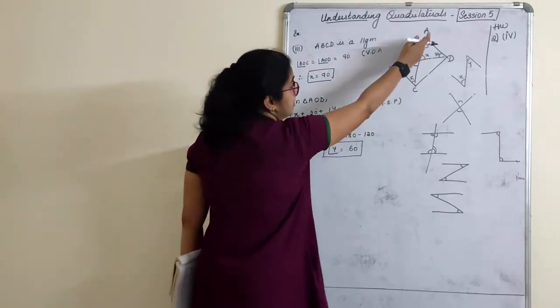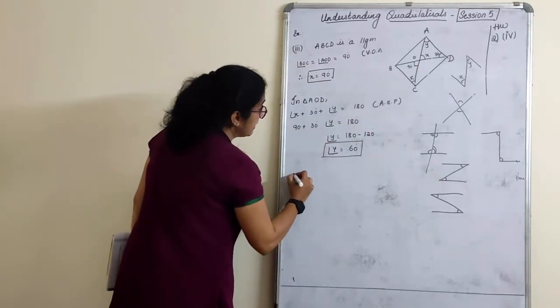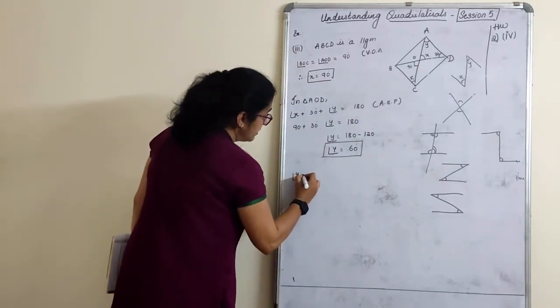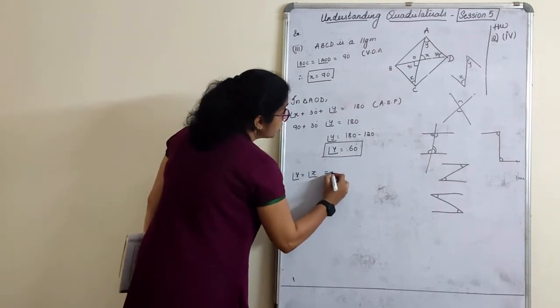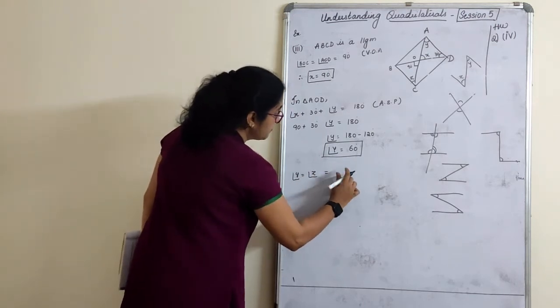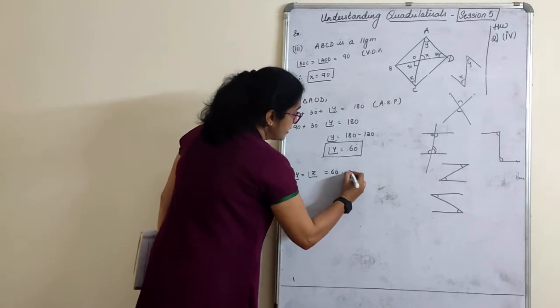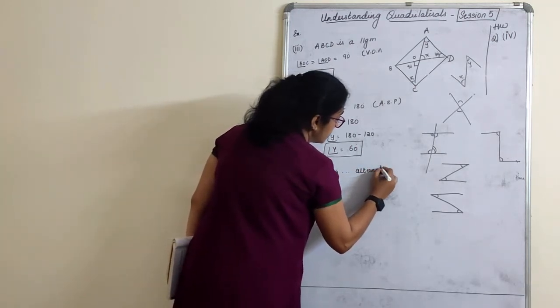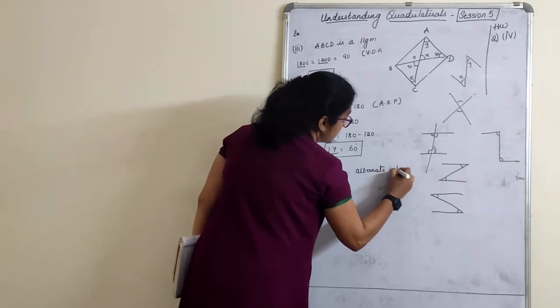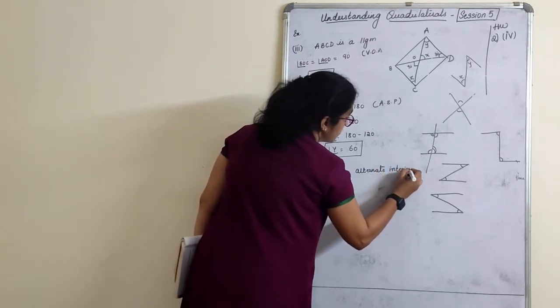Now answer that later. The next one, I can directly say here angle Y is equal to angle Z is equal to how much? 60 degree. I will write here: alternate interior angles.